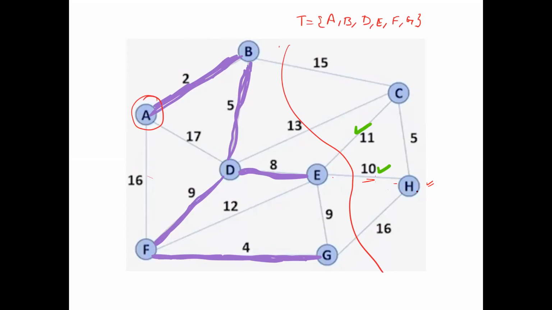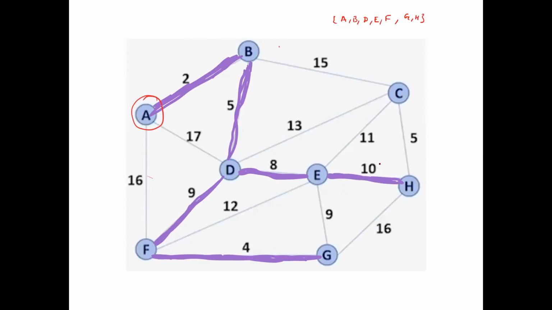Now considering the vertex C, the possible edges connecting C to the set T are C to B, that is 15, C to D 13, C to E 11, and that's all. Out of 15, 13, 11, 11 is the minimum, so we consider this 11. Now the edges under consideration are 10 and 11. Out of these the minimum is 10, so we pick this one.